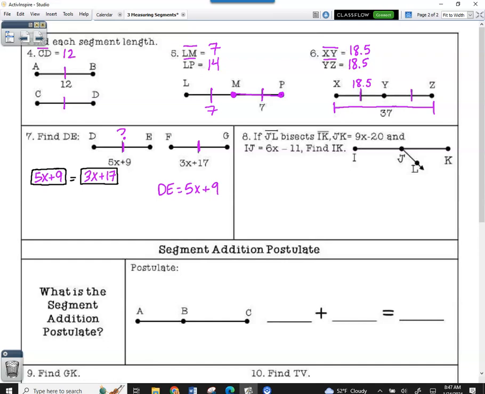Solve it for x. Solve that multi-step equation. You should come to x equals 4. Confirm you can get there.